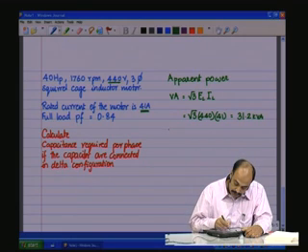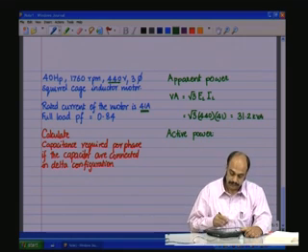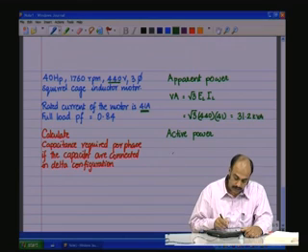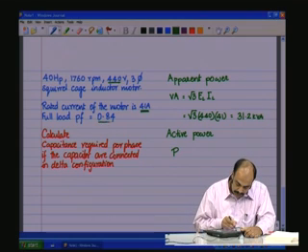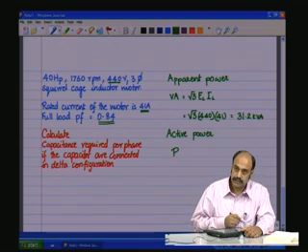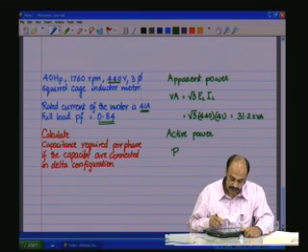And now the active power P. We have an information here in the specification which says that the full load power factor is 0.84.